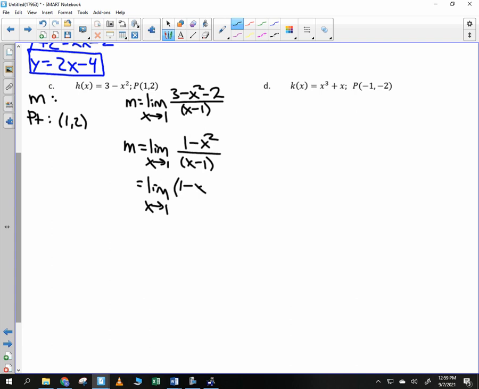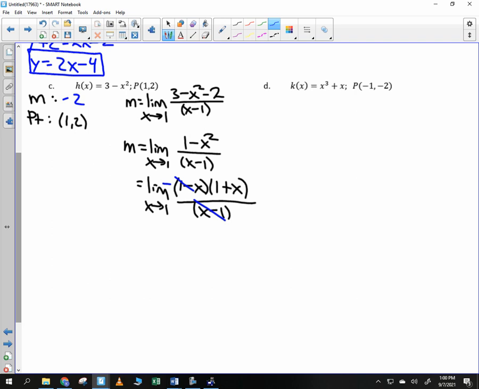It's 1 minus x and 1 plus x divided by x minus 1. Can I cancel off these two? I have to factor out a negative 1 first. So factor out your negative, then cancel them off. Now what? Plug in 1 and you get negative 2. Can we all agree that you know how to write the equation for the line?